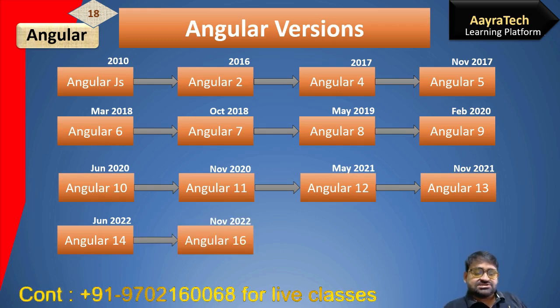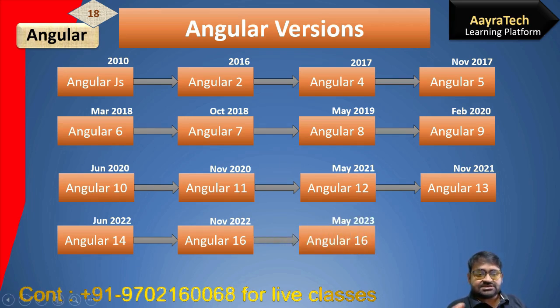And in Angular 16, the important feature, signals, was introduced, and hydration. So what is hydration? When we are using server side rendering, we know that the browser is not so interactive. So to make the browser more interactive, the hydration feature was introduced in Angular 16.